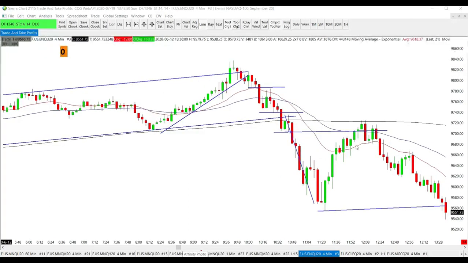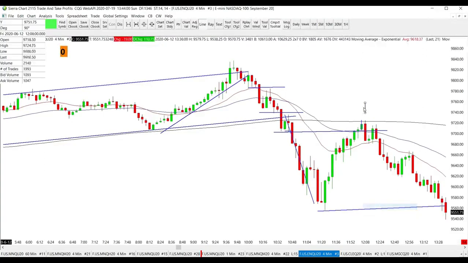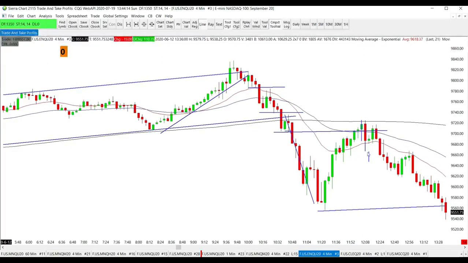Now, I want you guys to see this. Let's say that you got in here with the engulf, and this is your risk right here. Now, imagine you holding this all the way down to the low. I'm trying to do a measured move right here. So we're going 1, 2, this is how many times it moved down.